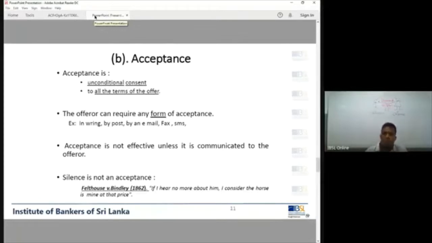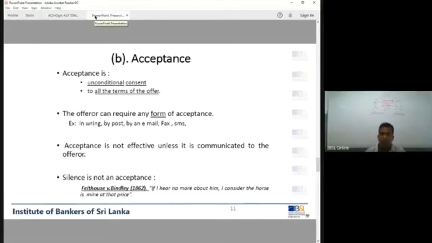So the offeror can require any form of acceptance. When the offeror is making an offer, he can mention the mode of acceptance. For example, he can say you must send your acceptance by post, in writing, or by email, or by SMS, or by fax. Likewise, he can mention the mode of acceptance.